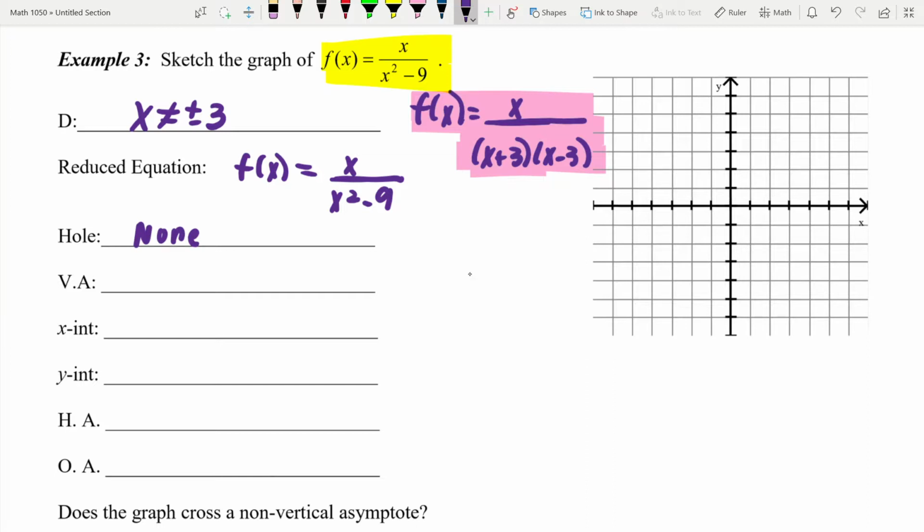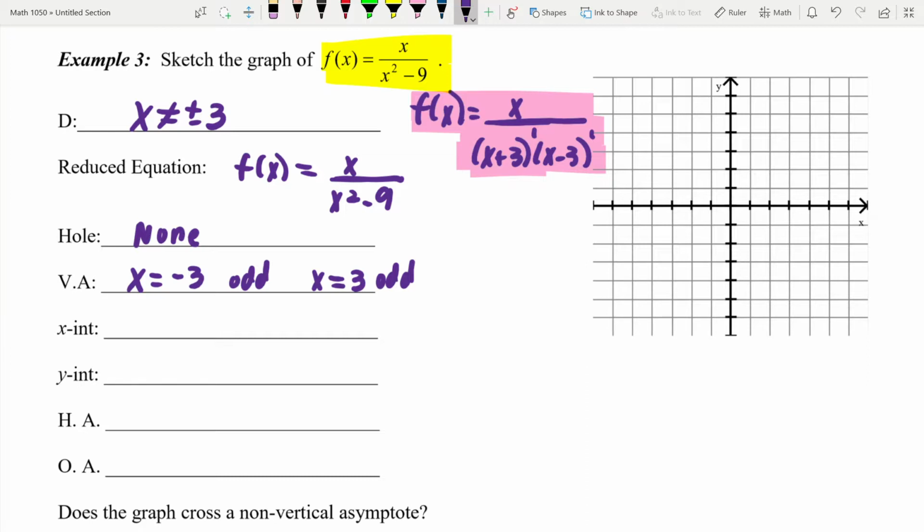Pink is easier. So you have x equals negative 3. The exponent's 1. 1 is odd. X minus 3, exponent's 1. That gives you x equals 3. 1 is odd. It's an odd vertical asymptote and an odd vertical asymptote.